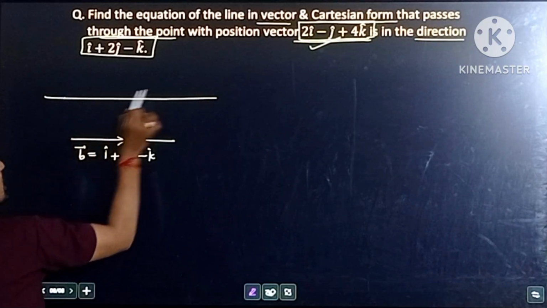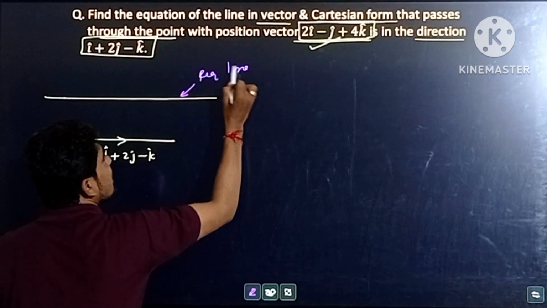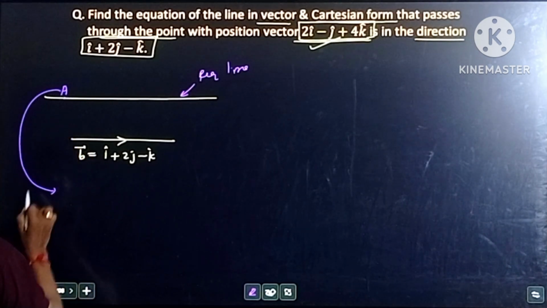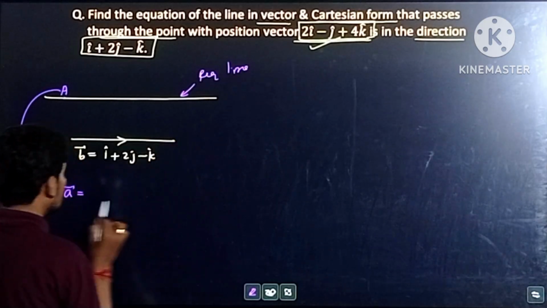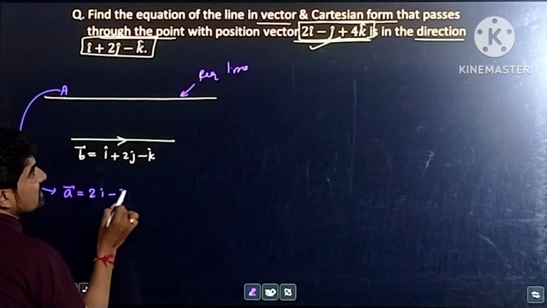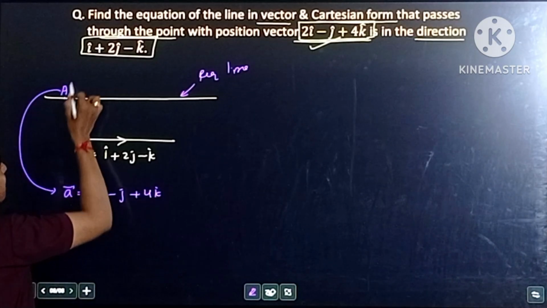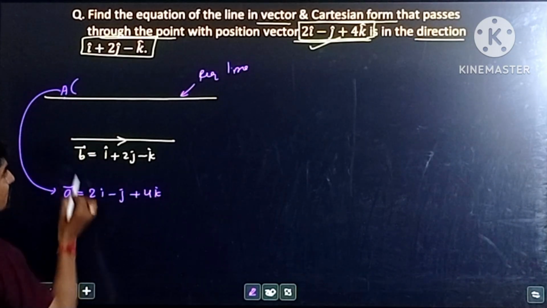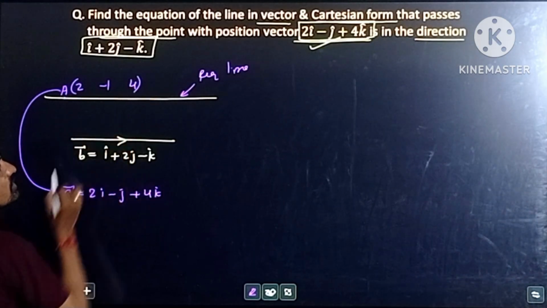And let's suppose this is the required line, and the required line passes through the point A. He has given the position vector of this point A, that is the A vector. So A vector is 2i minus j plus 4k, and the coordinates of the point A are the coefficients of i, j, k in the A vector, that is 2, -1 and 4.